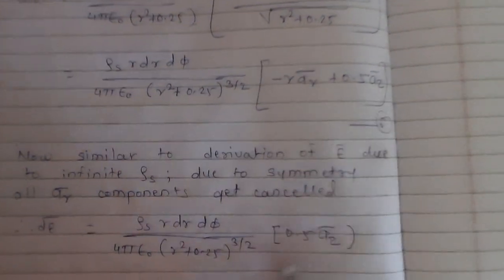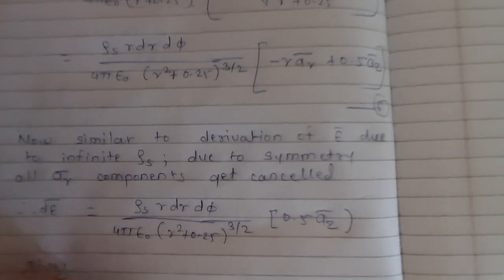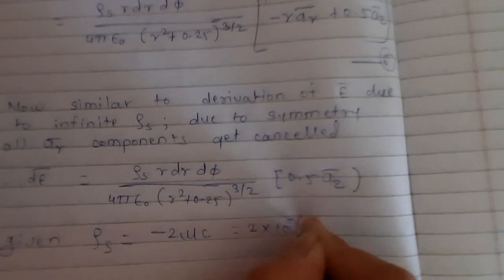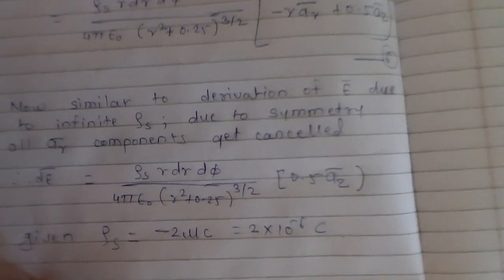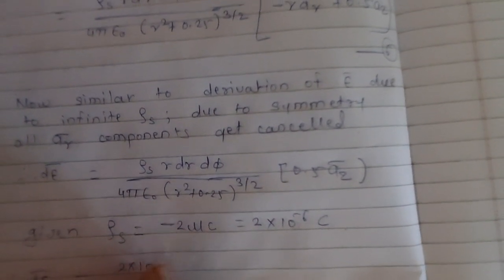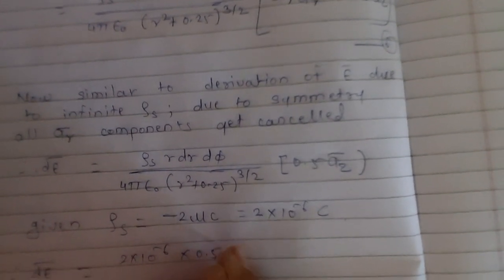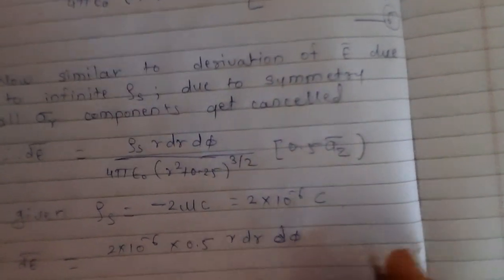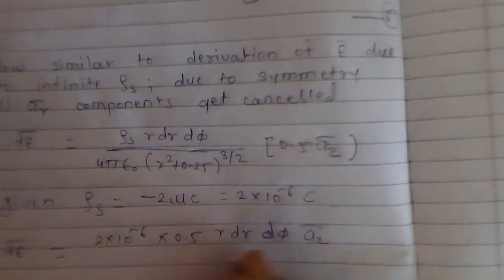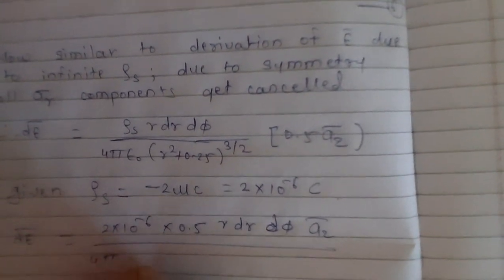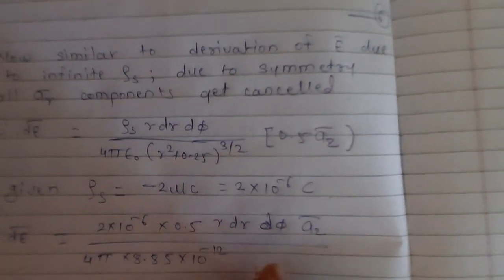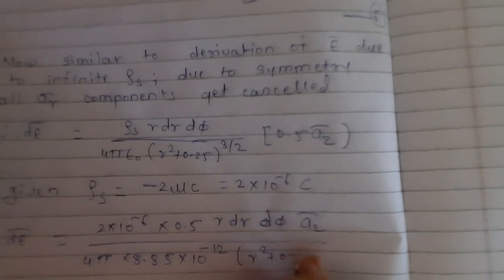Now what is given in the problem? Given is rho s is equal to minus 2 microcoulomb, that is 2 into 10 raised to minus 6. So we substitute this value, 2 into 10 raised to minus 6 into 0.5 r dr d phi az bar divided by 4 pi into 8.85 into 10 raised to minus 12, that is epsilon 0, into bracket r square plus 0.25 to 3 by 2.